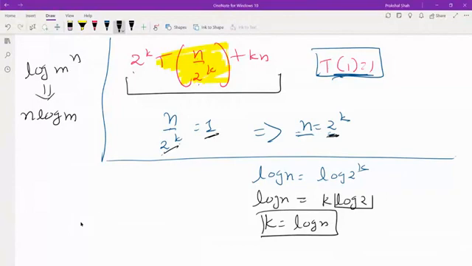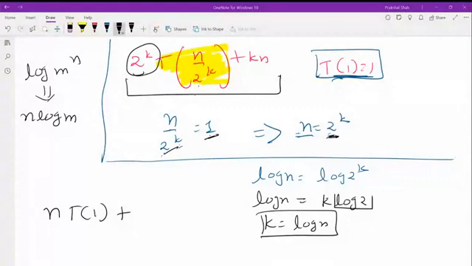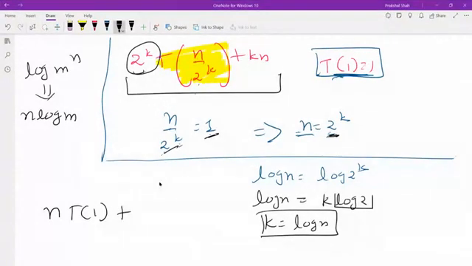So it will be n, and instead of n divided by 2^k it is 1, so it will be n T(1) plus, since this k is nothing but log n, I'll put log n multiplied by n. So T(1) is 1, and it will be n plus n log n.